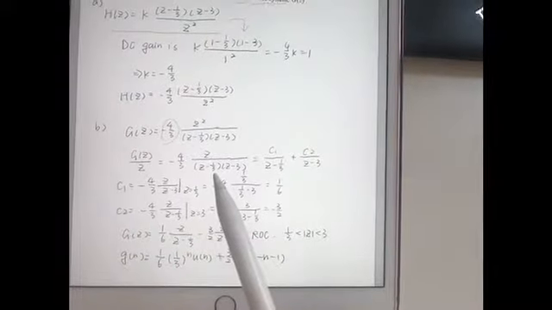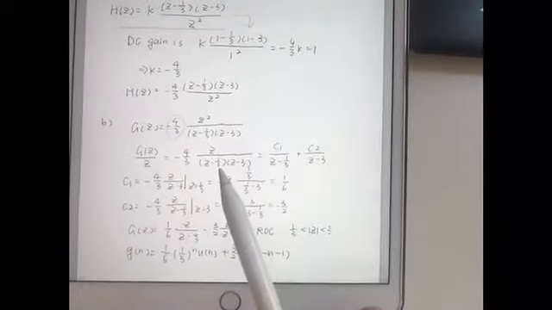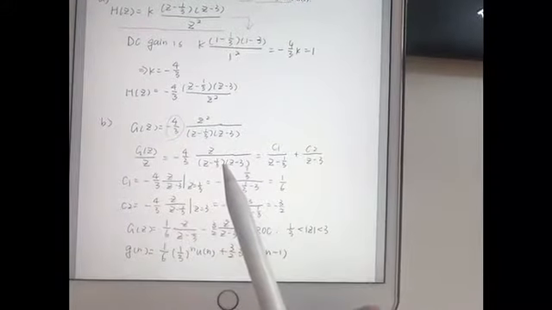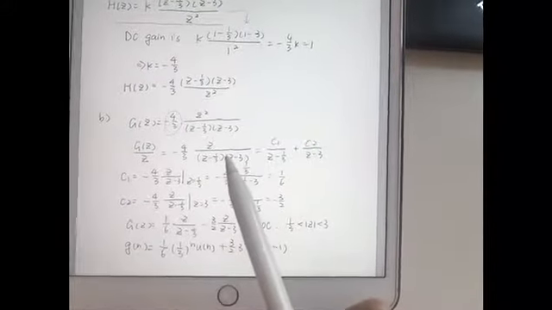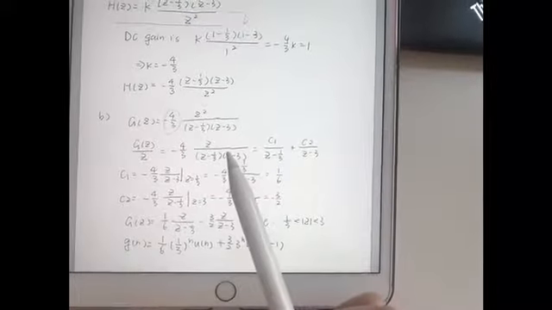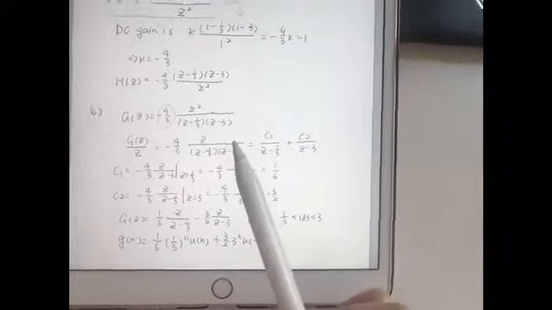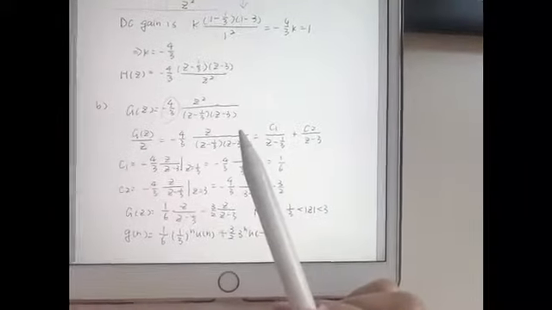Now because we want to get the impulse response, we need to transform G(z) into g[n]. So follow the steps.